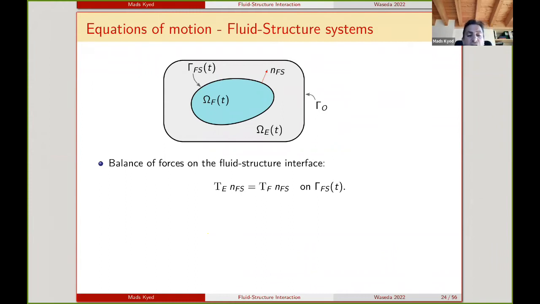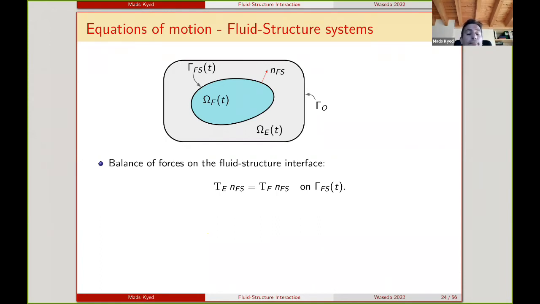The force that the fluid at a surface point exerts on the structure is given by T_F times the normal, and this force is equal, when we assume balance of forces, to the force that is exerted by the structure on the fluid, given by the structure Cauchy stress tensor times the normal at this surface point. So that's balance of forces.